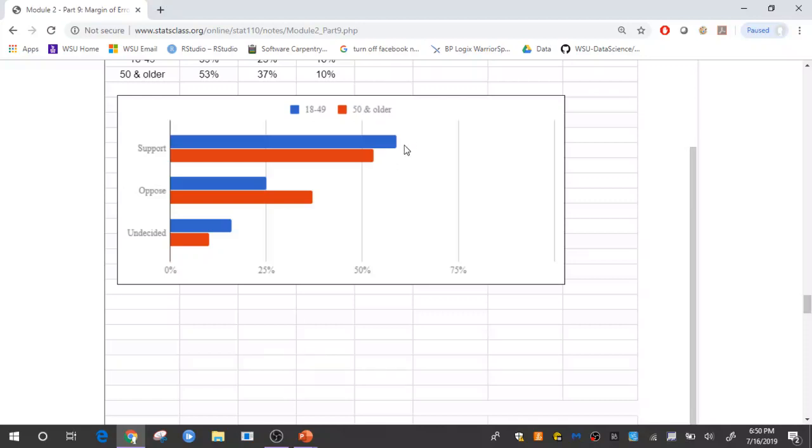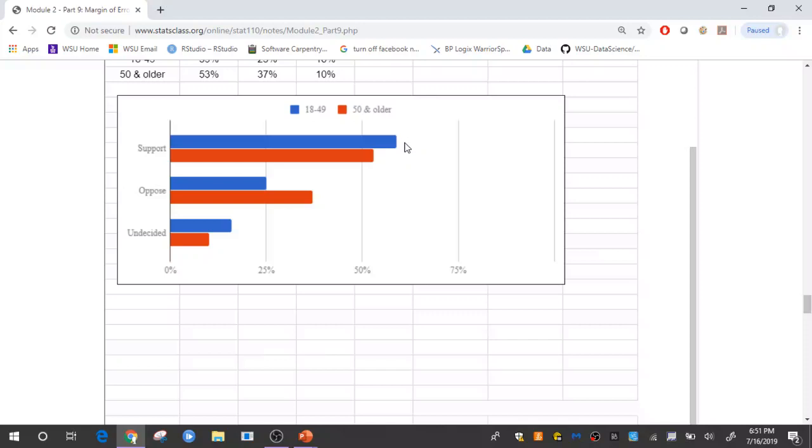But this is just communicating what happens for the people, or what happened for the people that we've surveyed. One thing that we might be interested in is whether or not I can say that the 18 to 49-year-olds support stricter gun laws more than the 50 and older age group. Not just for the people that I've surveyed, but is that true in general?